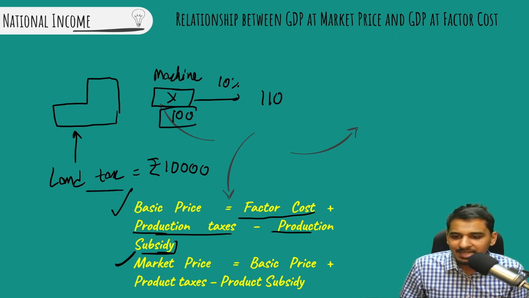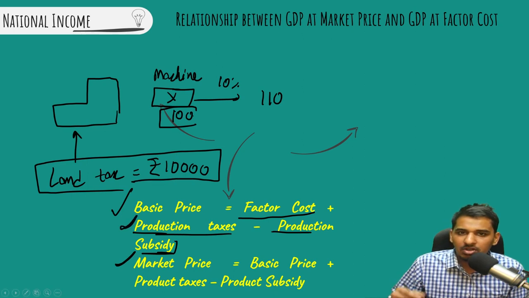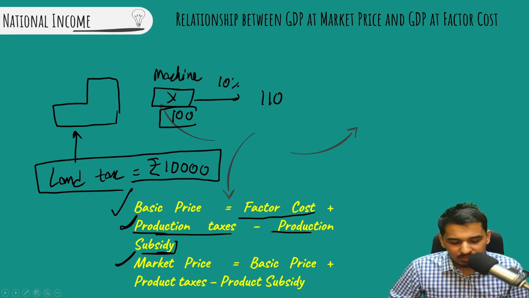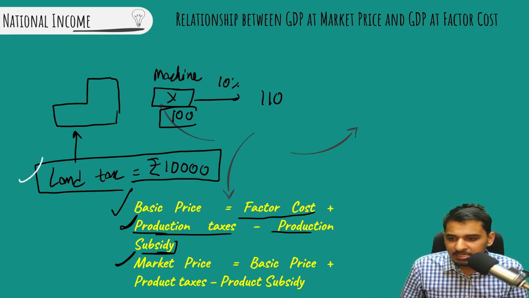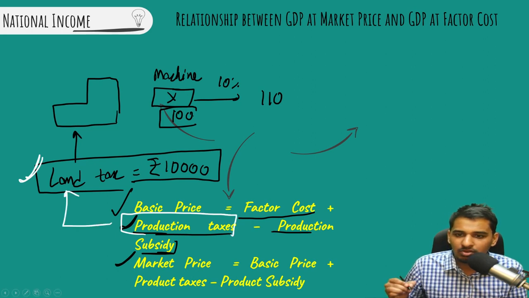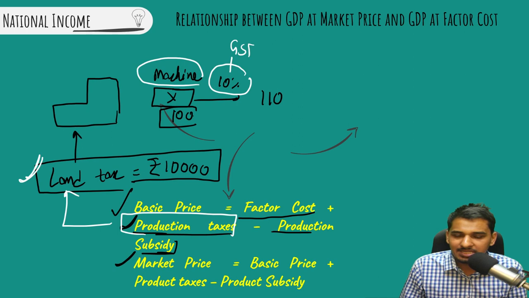So now this land tax is what? Your production tax, because it applies to the whole factory. This land tax of rupees 10,000 is your production tax, because it applies to the whole factory. But this 10% GST is applied only to a single product, machine X. Every machine will attract 10% GST.